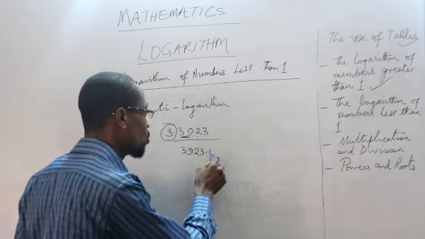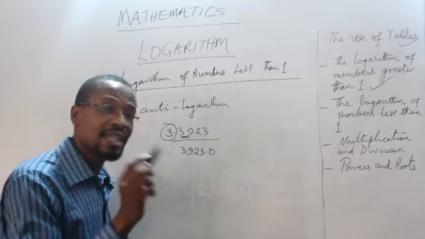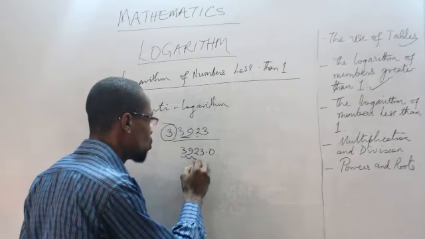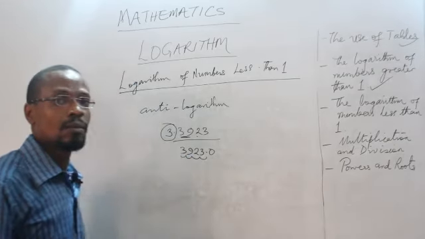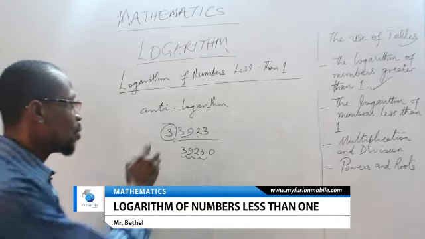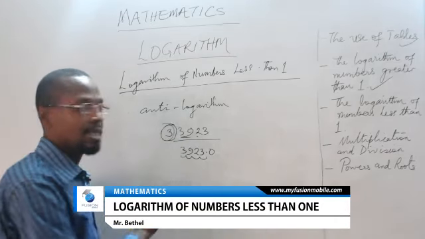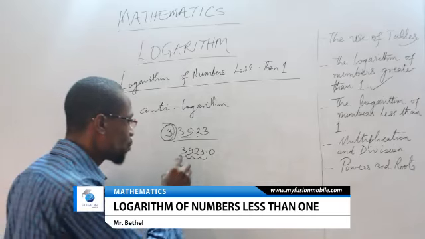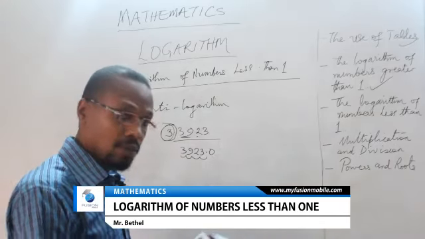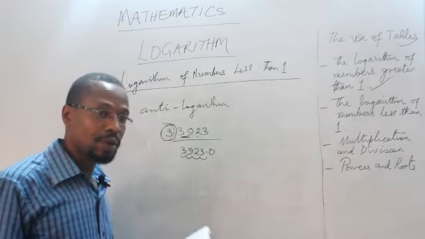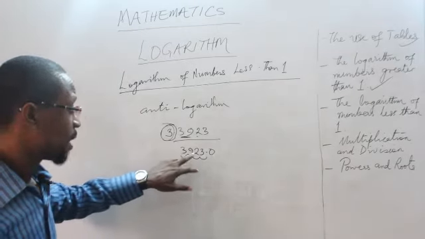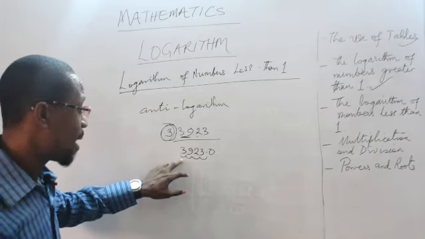We may not need to write 0, but the decimal place will now move 4 places: 1, 2, 3, 4. The decimal place will shift 4 places, not 3 places. Sorry to disappoint you a little bit, this is not the anti-logarithm.